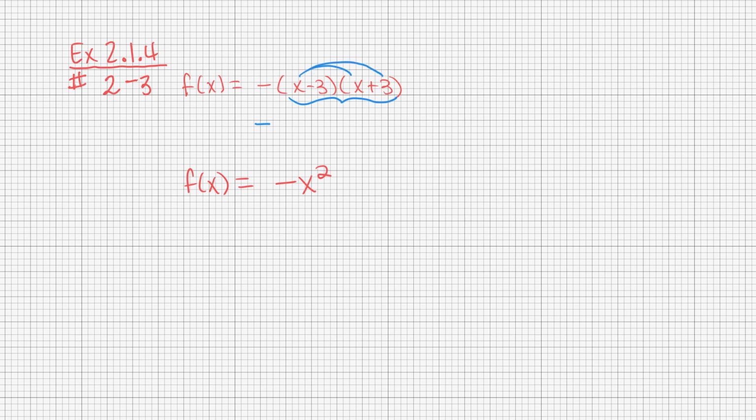So what would the first distribution give you? So it'd be x squared, then what? Plus 3x. And then here, well, we're not going to do the negative yet. We're going to wait to do the negative at the end. But is it negative 3? Yeah. So if we're not distributing the negative yet, I left the negative on the outside here. I have not done it yet. No, but there's a minus 3 times x.